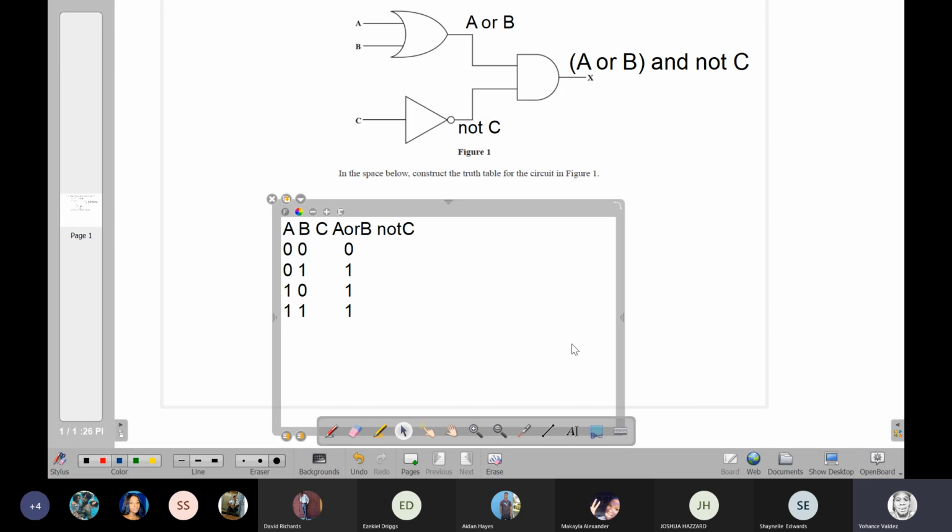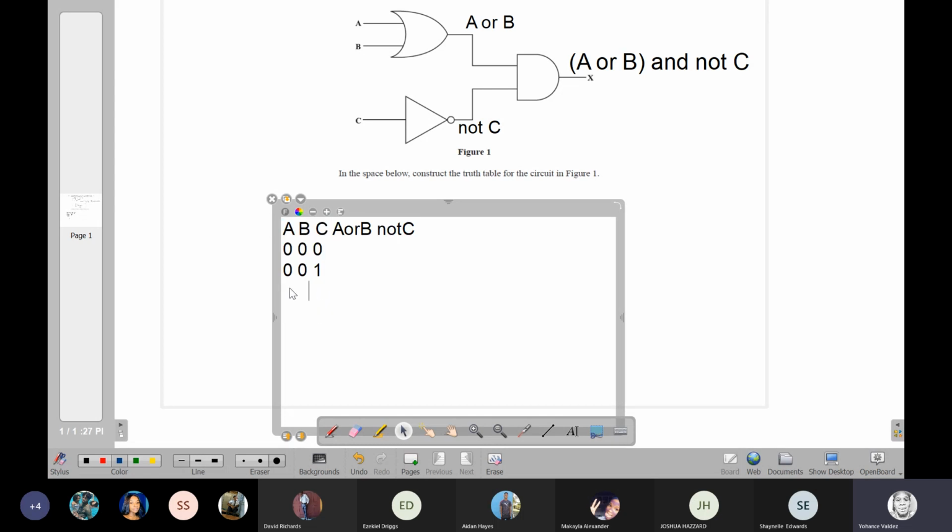So we end up with 0, 0, 0, right? 0, 1, 0, 0, 1, right? And then we would have a whole different set of expressions here. So I'm deleting all these expressions inside of A or B and stuff like that, so that we would end up with it here.